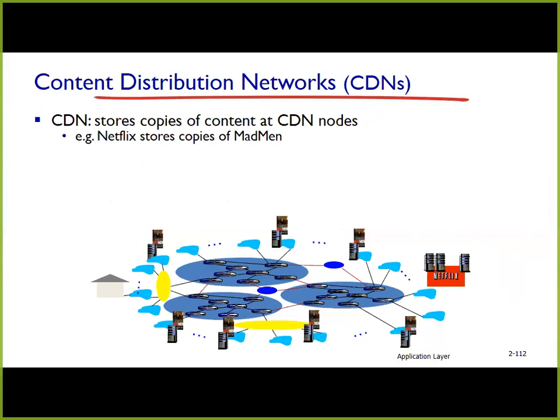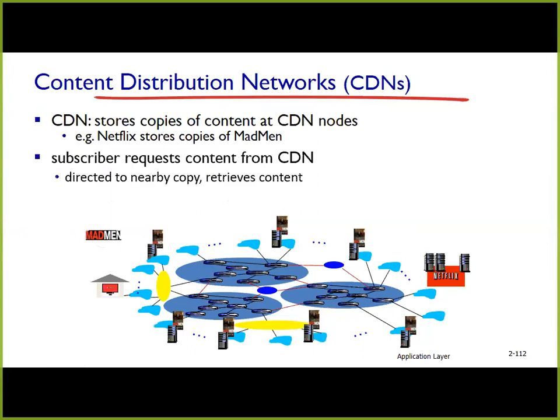Netflix will store copies of this show, and these are stored around the web in different places. A subscriber will request the content from some CDN, and that subscriber will be directed to some nearby copy. It will retrieve the content. You basically say, where's Mad Men? And Netflix sends you a manifest file, and that manifest file tells you where you can start requesting your chunks.